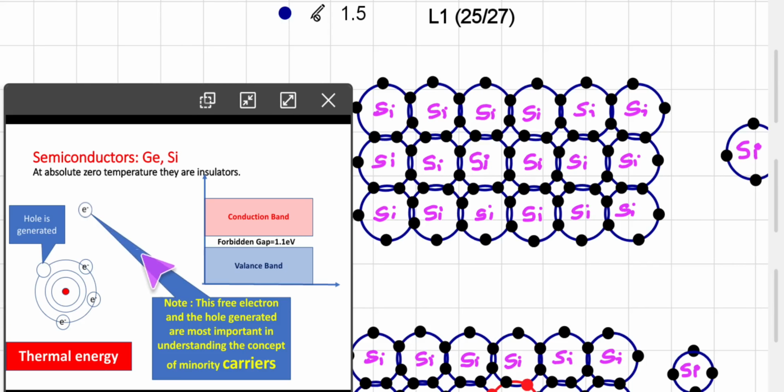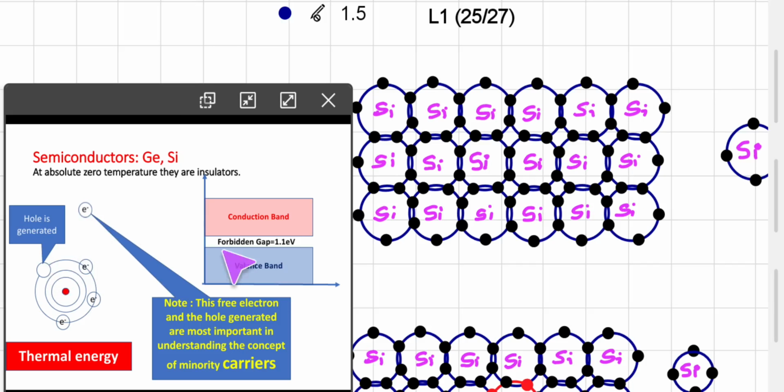Here the absence of an electron is treated as a positive charge, and it is known as a hole in semiconductor theory. So once the electron is released from the semiconducting material atom, a hole is generated.